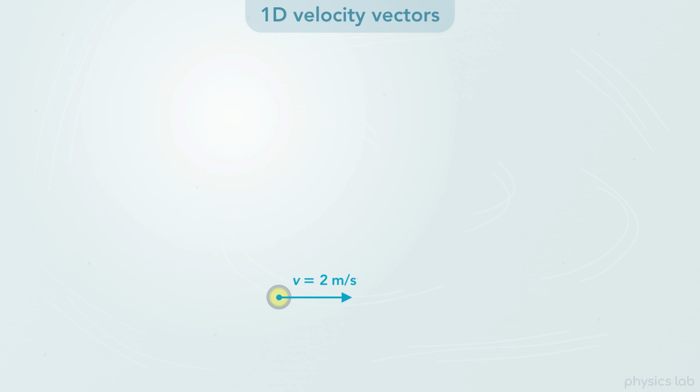So the magnitude of the velocity is 2 meters per second, but we can draw the vector any length that we want. Having said that, the length does matter if we're comparing multiple vectors. For example, if this stone is moving at 2 meters per second, and this one is moving at 4 meters per second, we draw a longer velocity vector to represent a greater velocity.